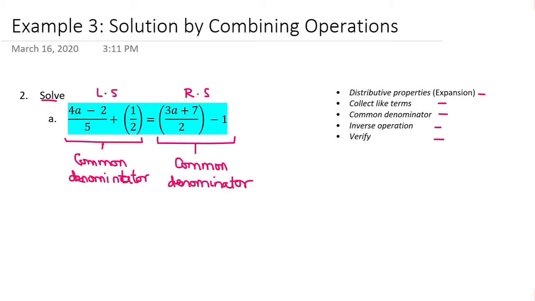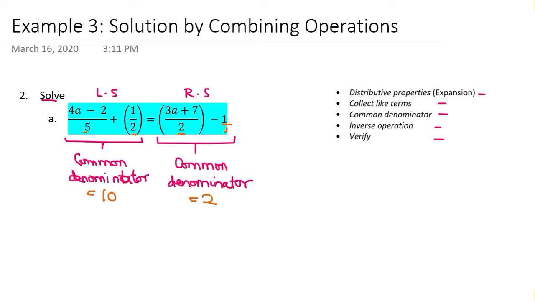The left side common denominator is equal to 10 because we have 5 and 2 there, while on the right side of the equation the common denominator is equal to 2, because here we have 2, and if you change this -1 to a fraction, it is over 1.